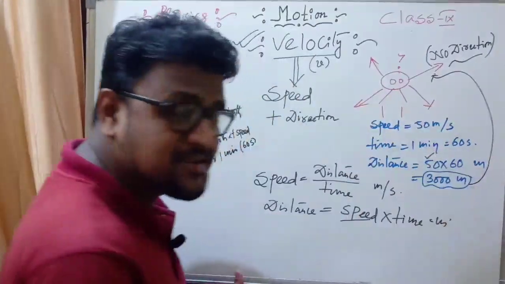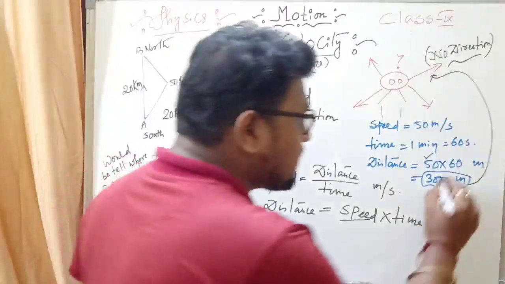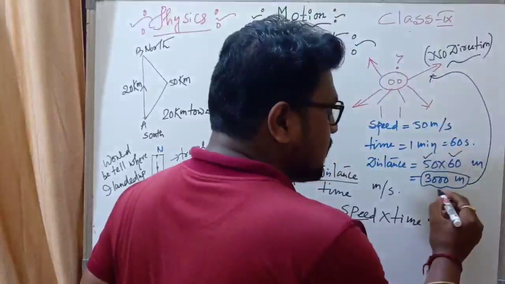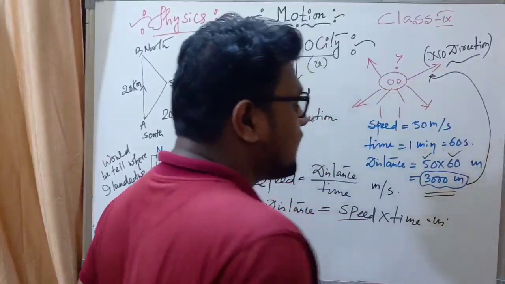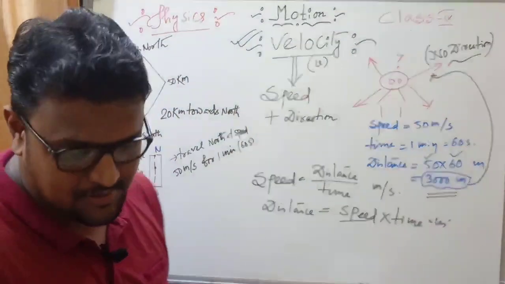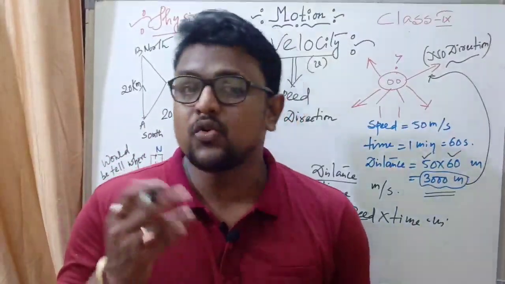Speed given here is how much? 50 meter per second. Time given here is how much? 60 seconds. So here I covered 3000 meters of distance.